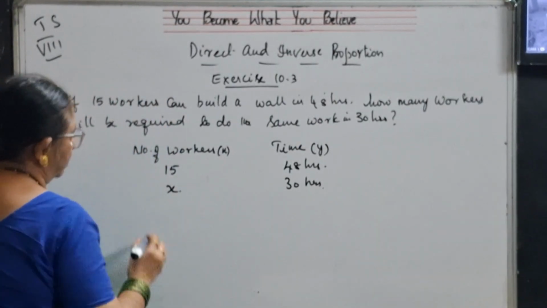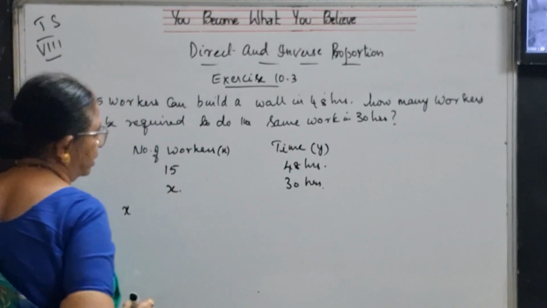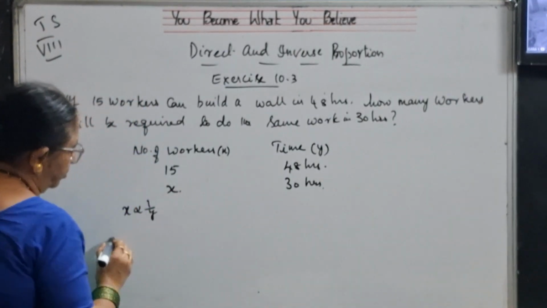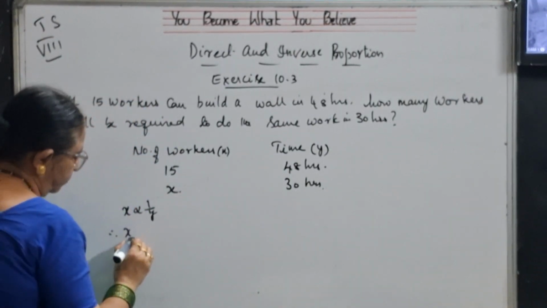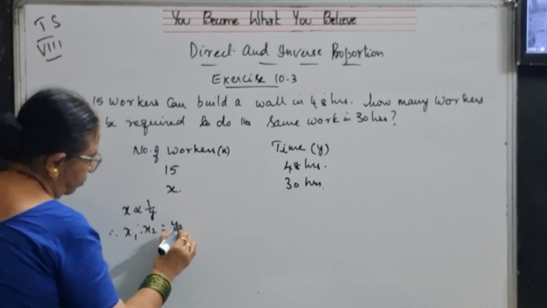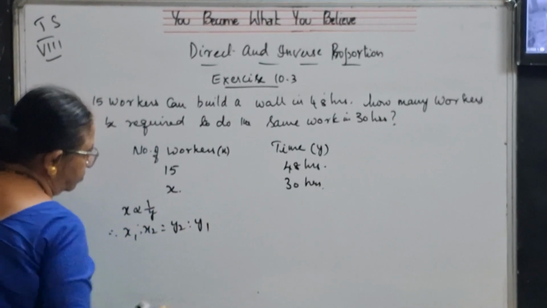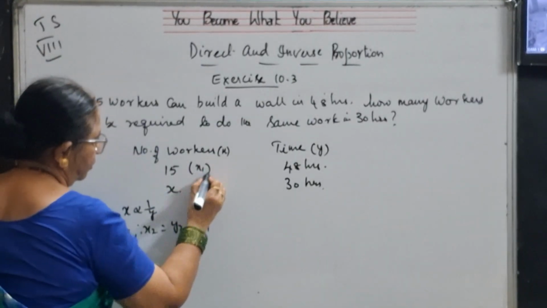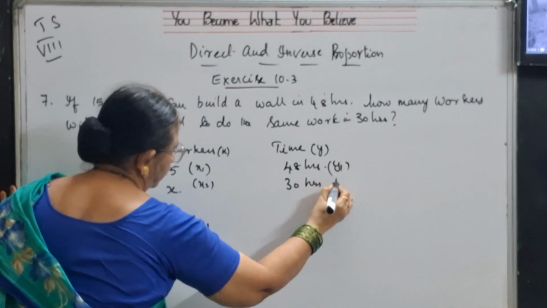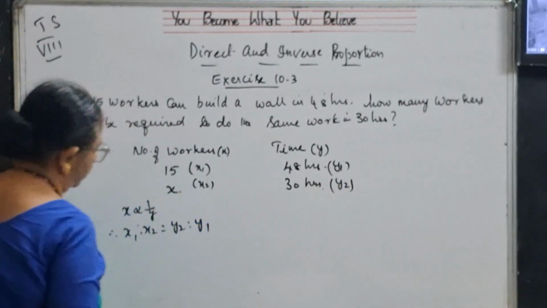Let it be X. So if the number of workers increases, time will decrease. X is inversely proportional to Y. So X1 is to X2 is equal to Y2 is to Y1. So this is X1, X2, Y1, Y2.